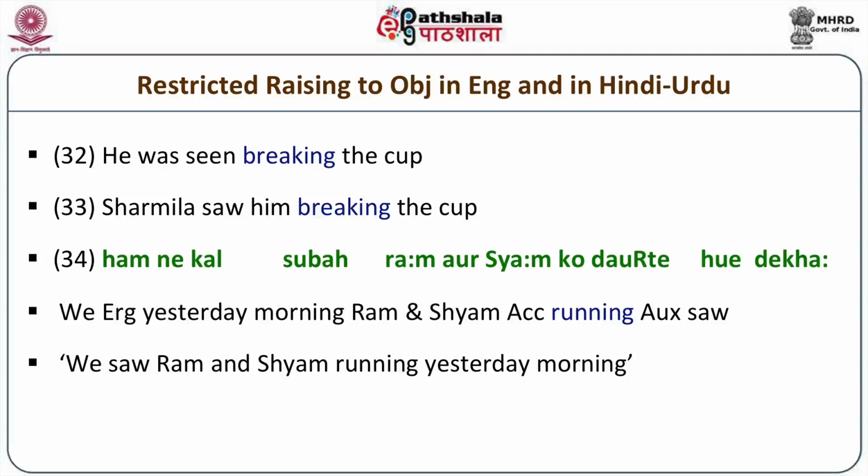When you look at Bangla, things are a bit harder. In Hindi, Urdu, you can tell for sure that "daurte hue" is indeed a participle. In Bangla, "dourote" in the sentence "Amra kal shokale Ram ar Shyam ke dourote dekhechi," we saw Ram and Shyam running yesterday morning, we can't tell whether "dourote" in Bangla counts here as an infinitival or as a participle.